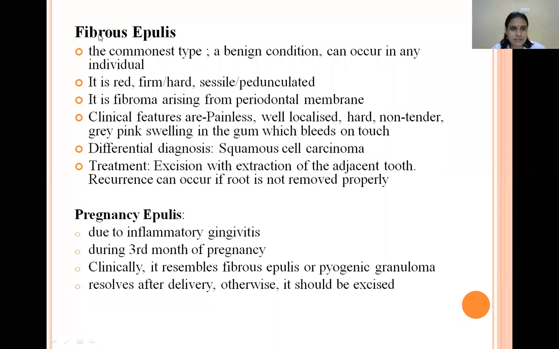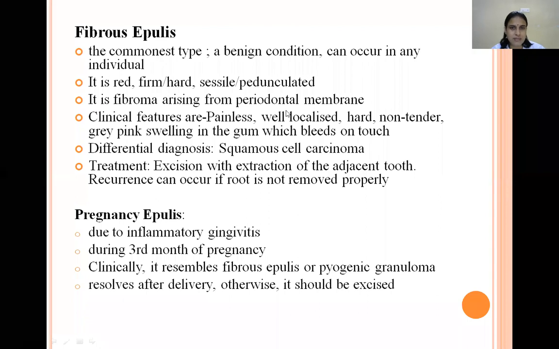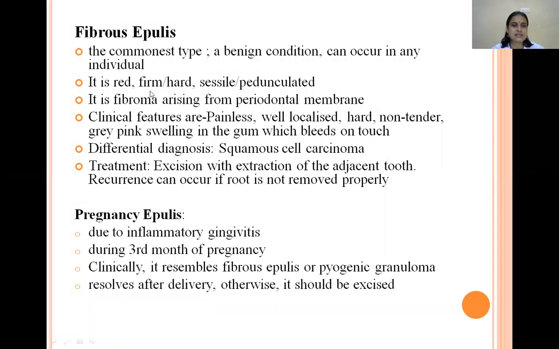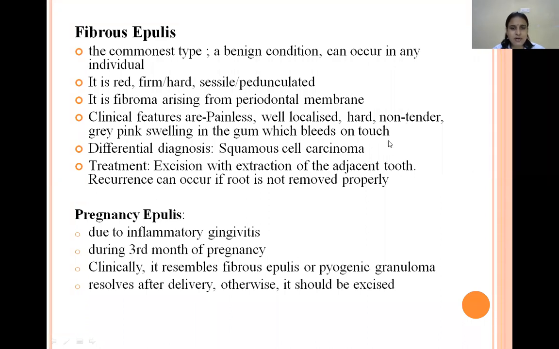By name itself it suggests it is a fibroma, arising from the periodontal membrane. Here, clinical features are they are painless, well localized, non-tender, and hard, important. It is of fibrous tissue origin, so it is hard, and they are non-tender on the gums, but which again will bleed on touch.